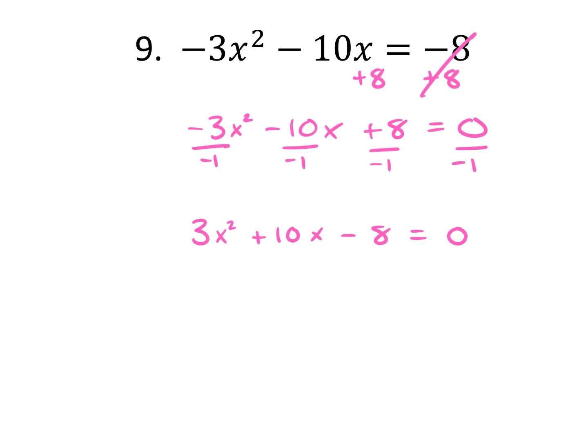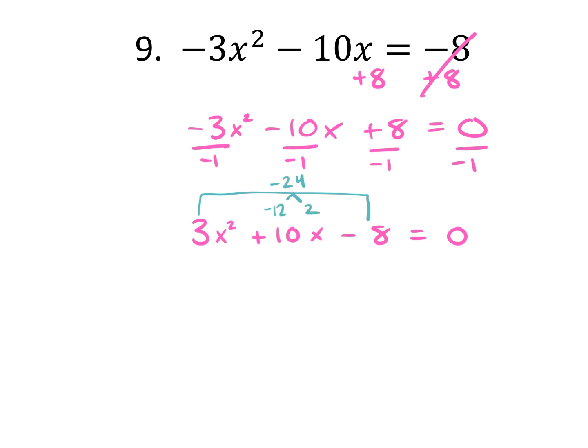Now here our leading coefficient is not 1, so it doesn't start with a 1. What do we have to do to factor? Multiply the first times the last. 3 times negative 8, negative 24. And what are 2 factors of negative 24 that add to 10? Negative 12 and 2.